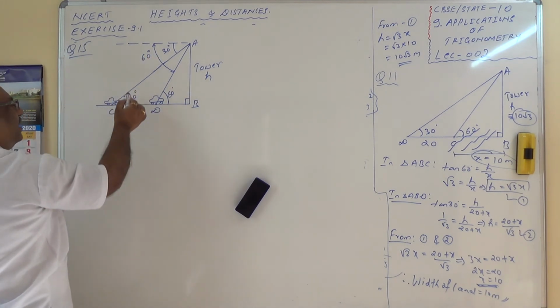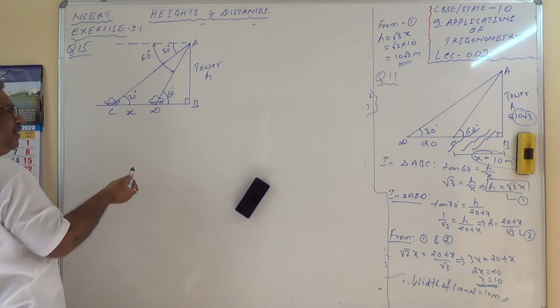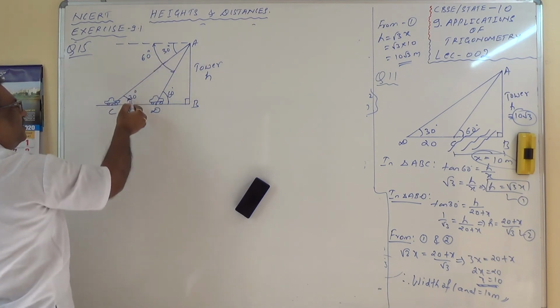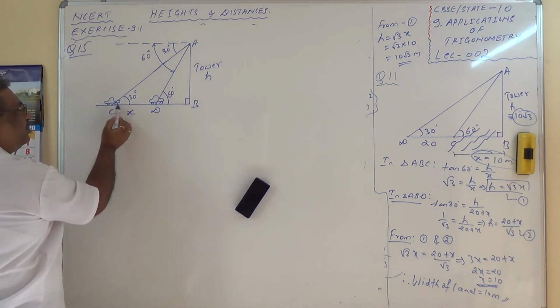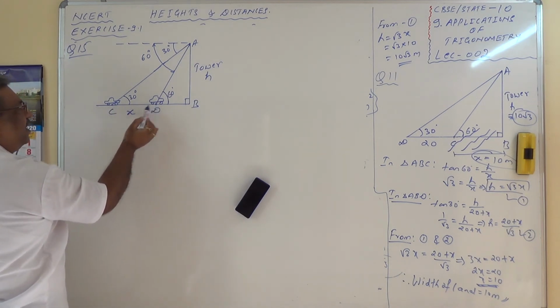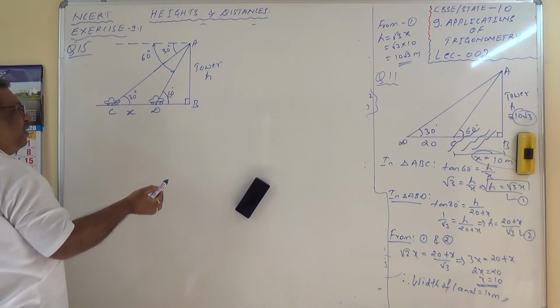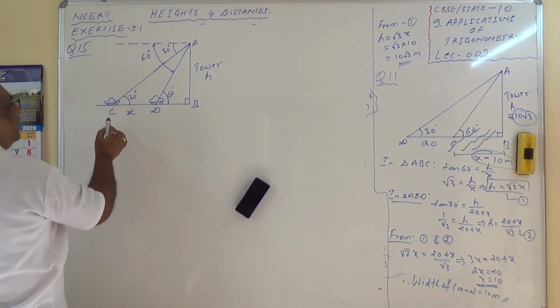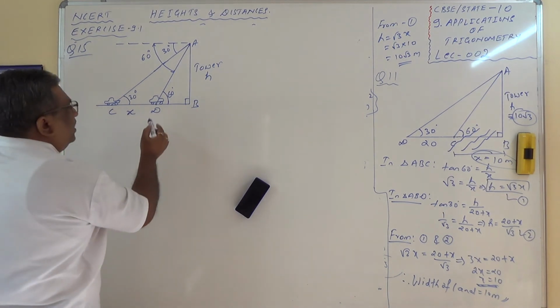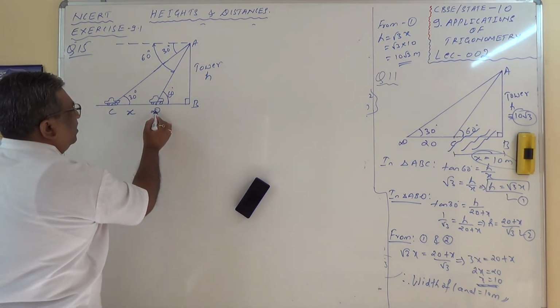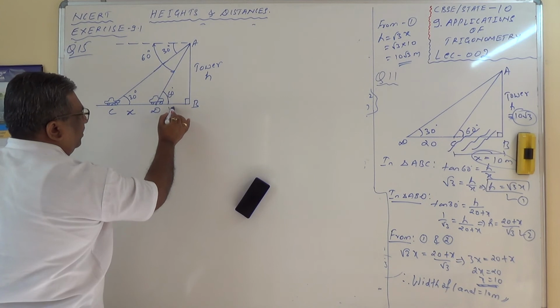Angles of depression and angles of elevation are the same in these cases, because if this is 30, this is 30, and if this is 60, this is 60. From this position to this position, the car has taken 6 seconds. So the distance traveled by the car in 6 seconds is x, which is CD. Now let the distance traveled by the car, DB, be y.